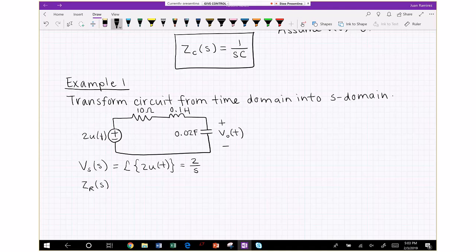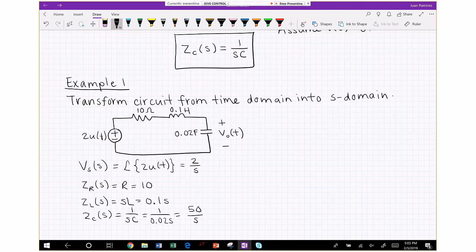The impedance of the resistor is simply equal to the resistance, according to what we just covered. Impedance of an inductor is equal to S times the inductance. Impedance of a capacitor is equal to 1 over S times the capacitance. That's equal to 50 over S.